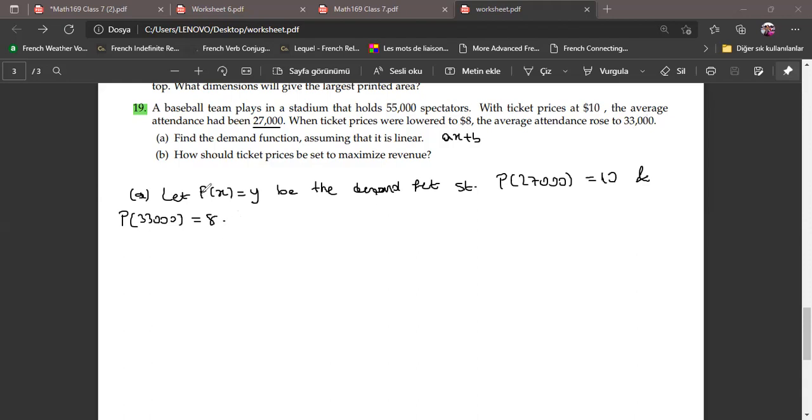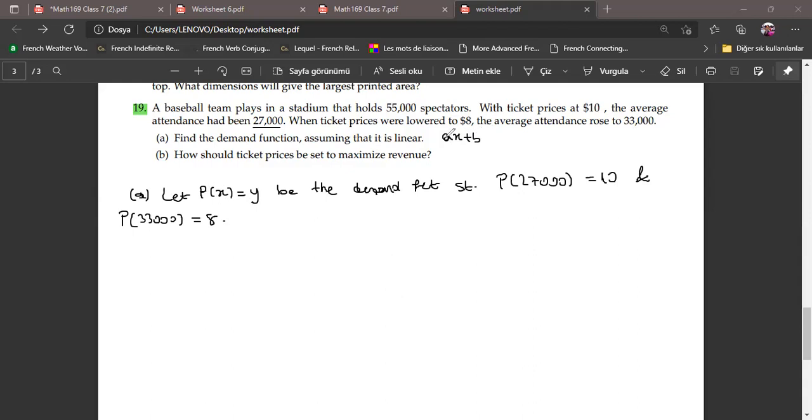We know this P should be linear, right? Now we need to find its slope. At the end, we will write a line equation. How can we write a line equation? What should we know to write an equation of a line?